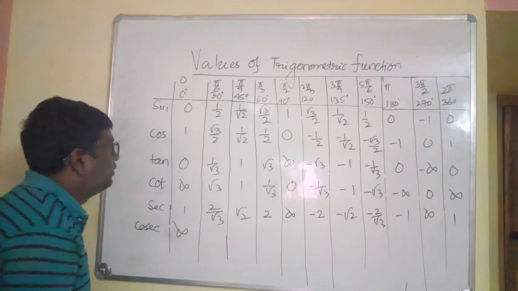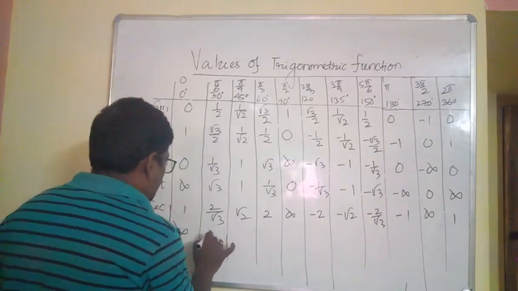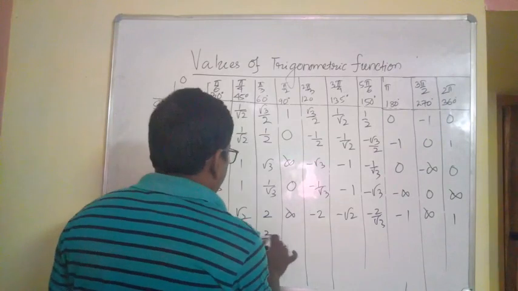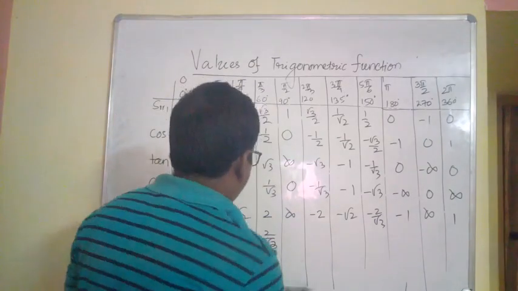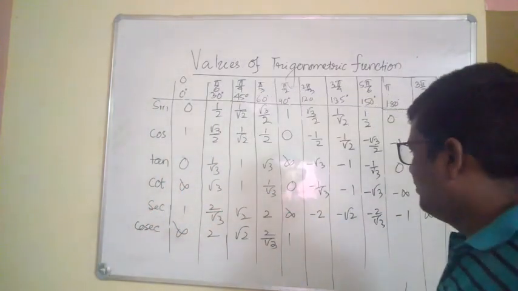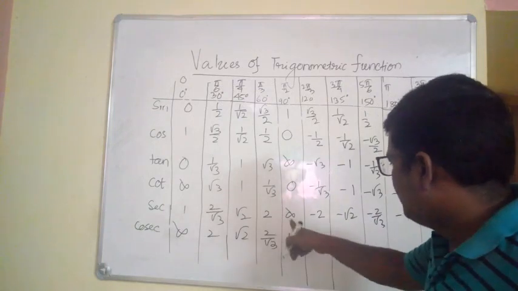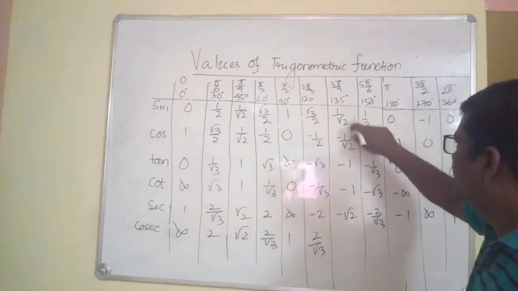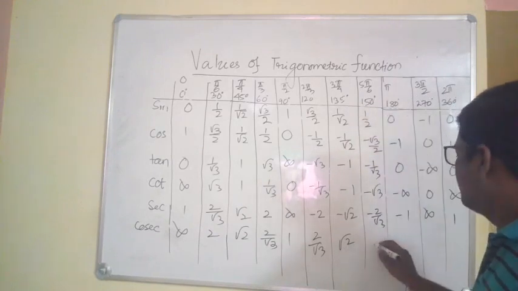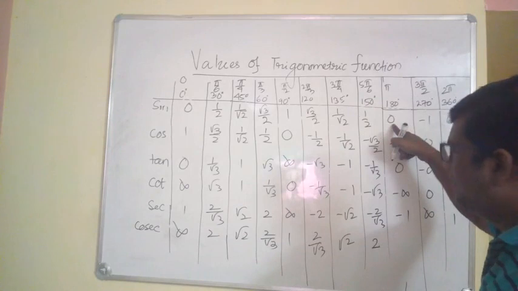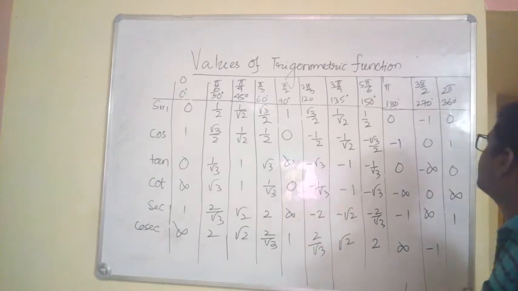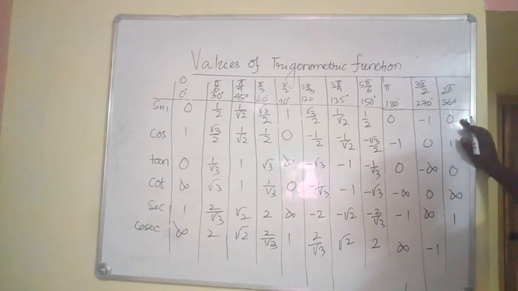So 1 by 0 infinity, and this is 1 by 1 by 2, reciprocal 2, 1 by root 2, reciprocal root 2, and 2 by root 3, right, then 1 by 1, then 2 by root 3, again reciprocal of this root 2 and reciprocal of this 2 and reciprocal of this infinity and reciprocal of this minus 1, right, and reciprocal of this 0 by 1, 1 by 0 means infinity.